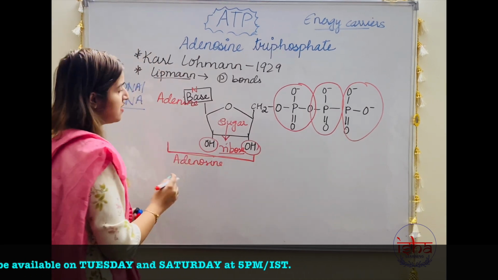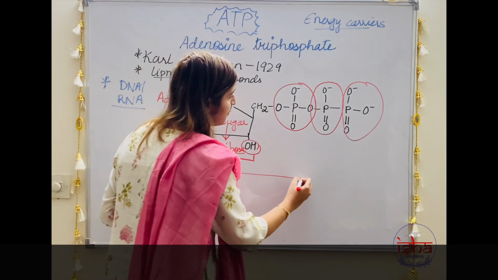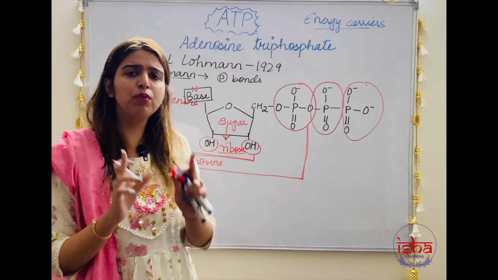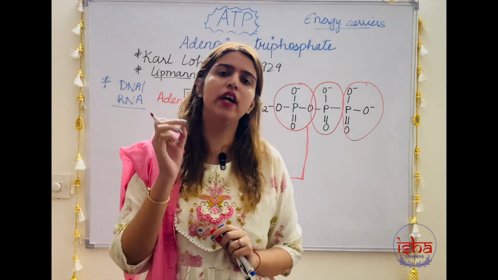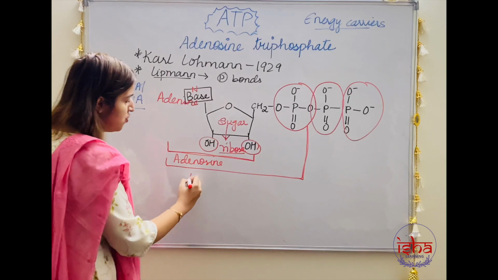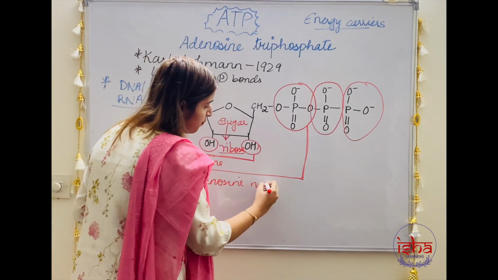Now if I consider this adenosine along with one of the phosphate groups that is still here, I'll call it adenosine plus one phosphate group. For one, we use the word mono. So it would be right to write that this structure is now adenosine monophosphate.